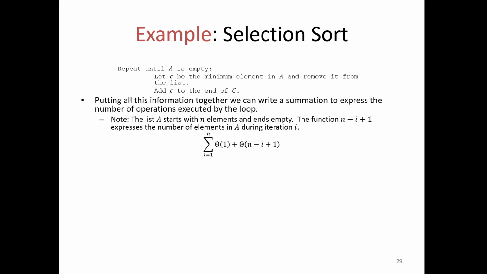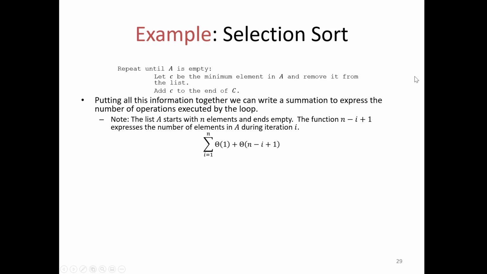Another thing that's maybe important for us to recognize here is that the list that we are talking about is the list A. The list A begins full with n elements, but again, we already argued that in every iteration we will remove one element, so this will be about n iterations, and that's what informs the lower and upper bounds of our summation here. We're going to set them to 1 to n, even though no such bounds existed here. We're going to set them with the understanding that we're going to do n iterations of this loop. All right, so that's where that came from.